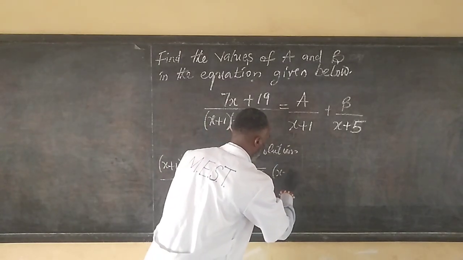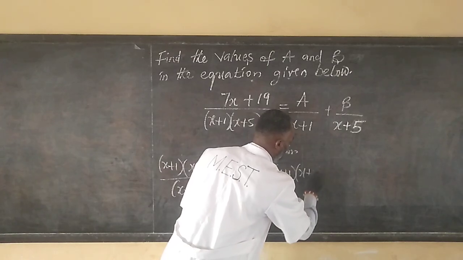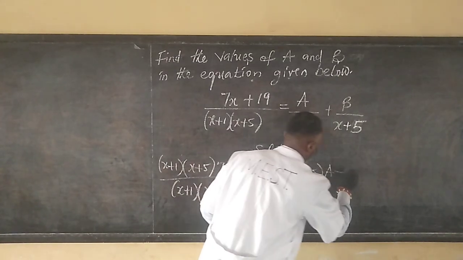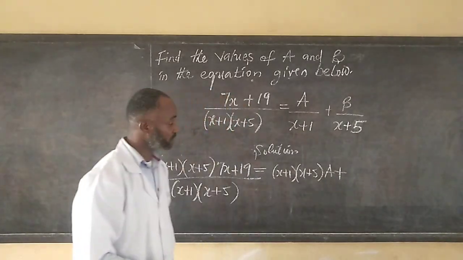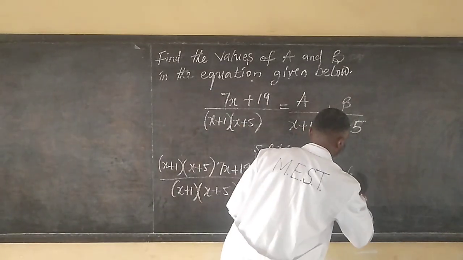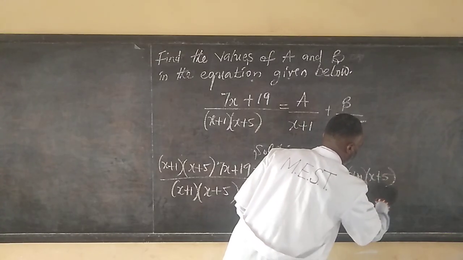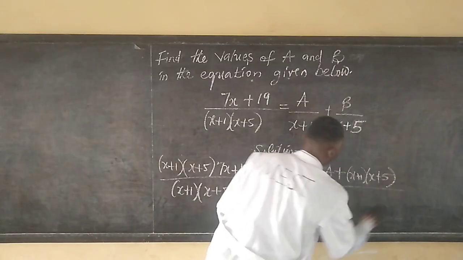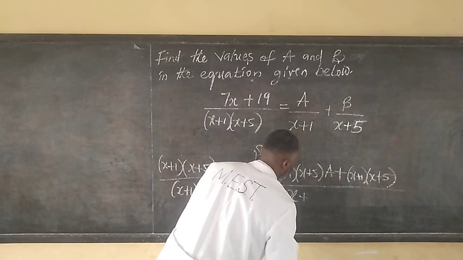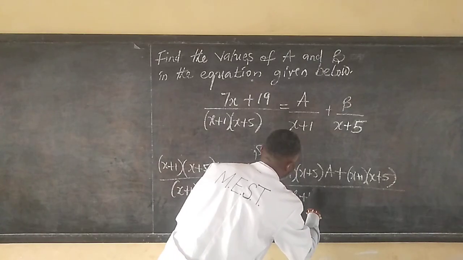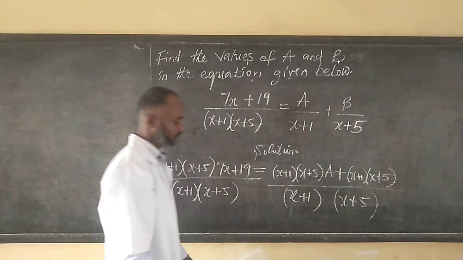We have x plus 1, bracket x plus 5, then a. It's going to be a long work, but let's continue. So we have bracket open x plus 1 again, x plus 5 bracket close, all over x plus 1, and then x plus 5 close.